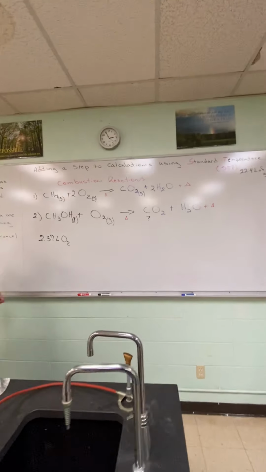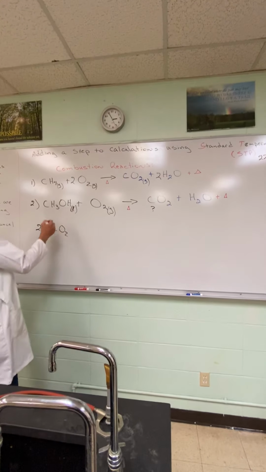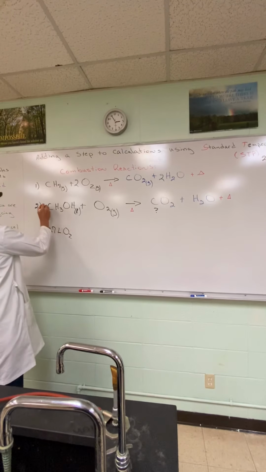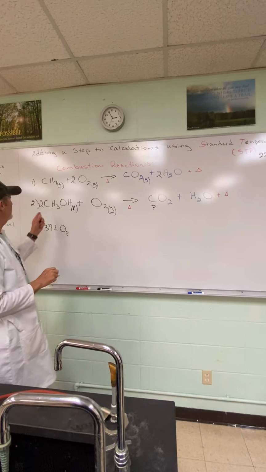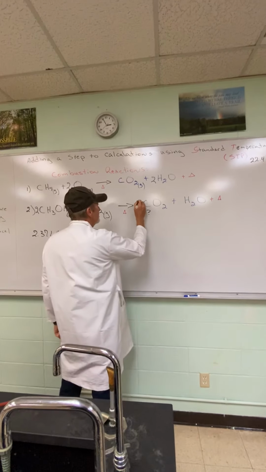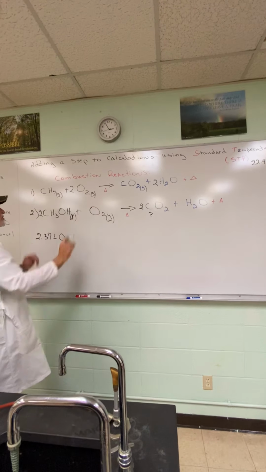If we're going to do that, I'm thinking we're going to need to have this oxygen as a factor of 2. So I'm going to put a 2 there. When I do that, then I have to have a 2 over here for that carbon. So we have 2 carbon, 2 carbon.